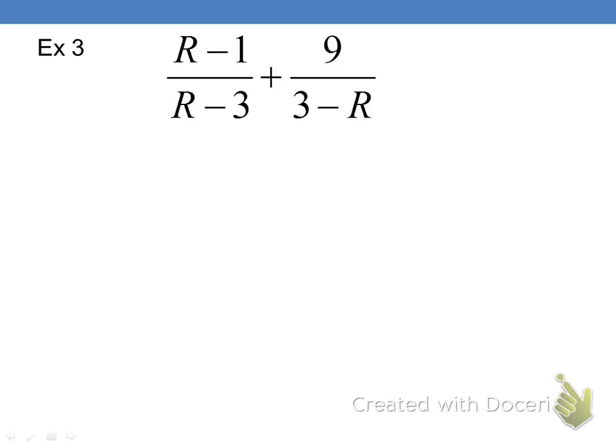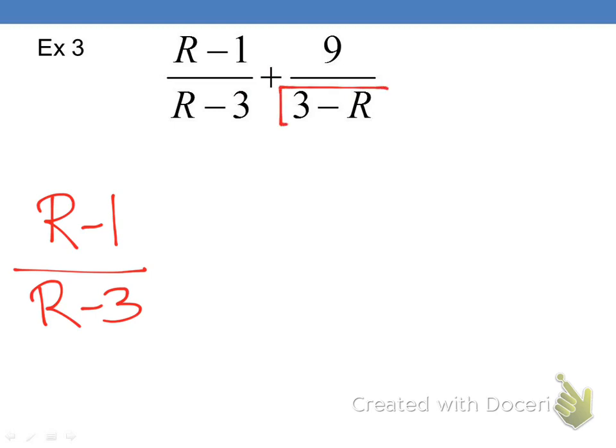All right, here's example 3. All right, do we have common denominators? No. We don't. So what can I do? Yeah, let's just take a negative 1 out from here.